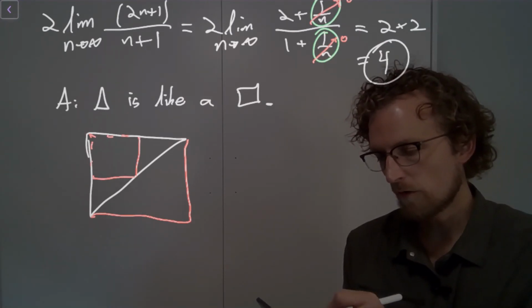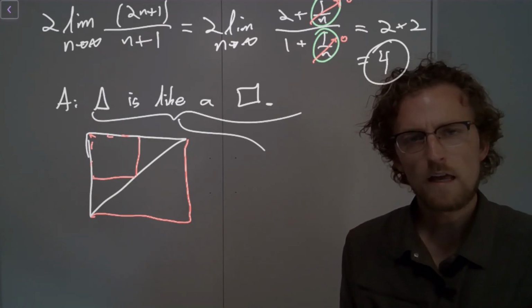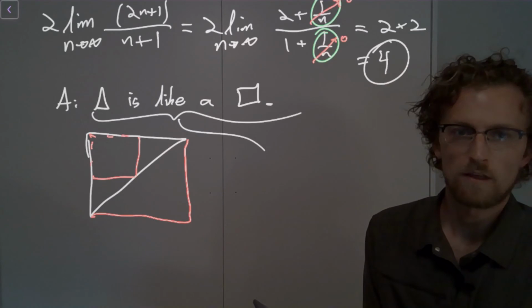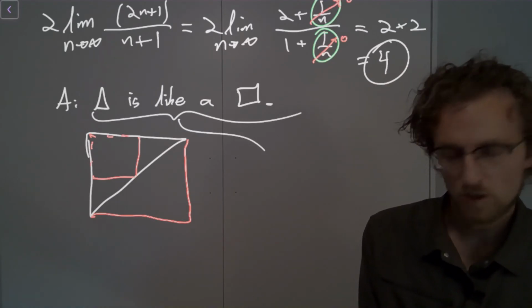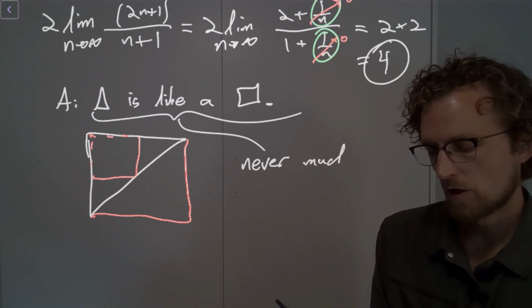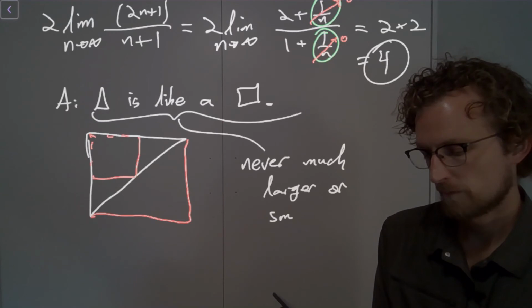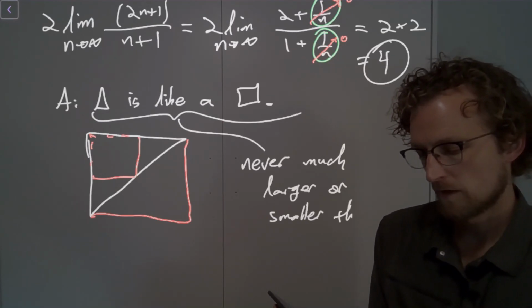So one of the ways you can think of this statement, that a triangle is like a square, is that it is both never much larger and never much smaller than some square.